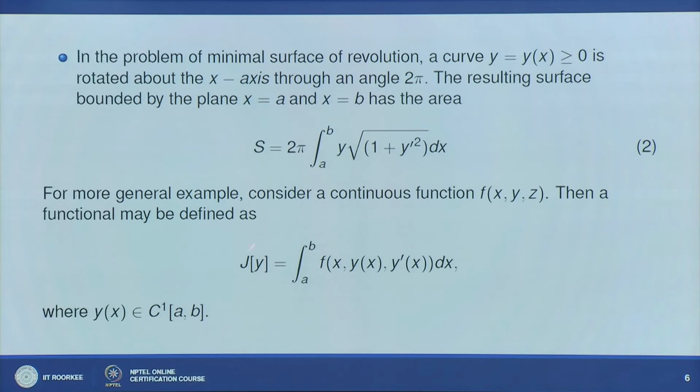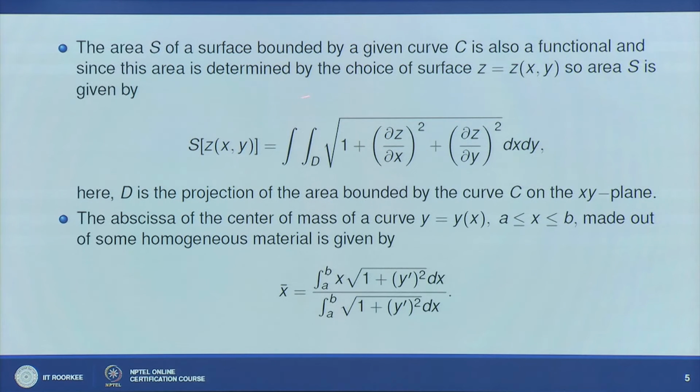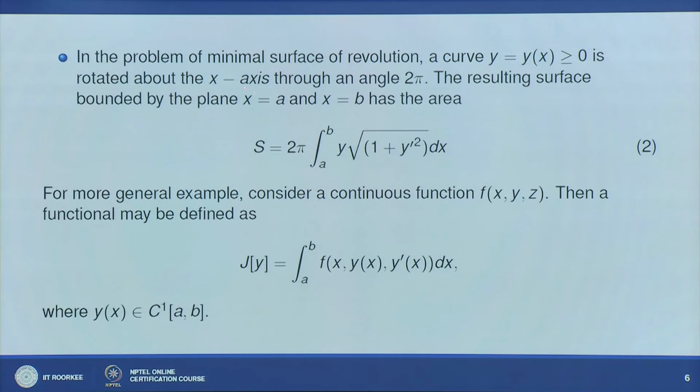Then a functional may be defined as J of y equal to the integral from a to b of f of x, y of x, y dash of x, dx. And by taking particular examples of f, you can consider that the arc length of a plane curve, the surface area of a surface bounded by a given curve C, and the problem of minimal surface of revolution given by equation number 2 are particular cases of this.